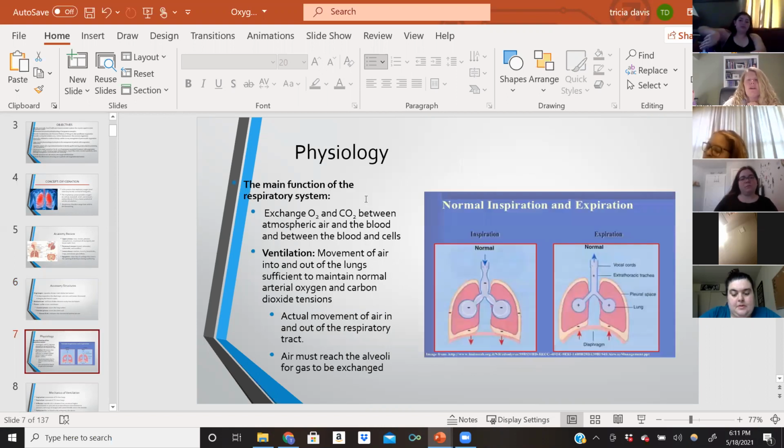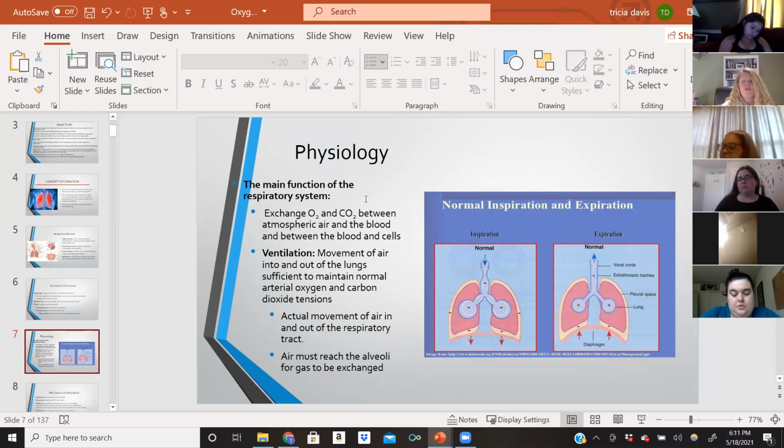So what is the main function of our respiratory system? The main function is for us to be able to exchange oxygen and carbon dioxide between the atmospheric air and the blood and between our blood and our cells. So the definition of ventilation is just the movement of air into and out of the lungs, but it does have to be sufficient enough to maintain normal arterial oxygen and carbon dioxide tensions.